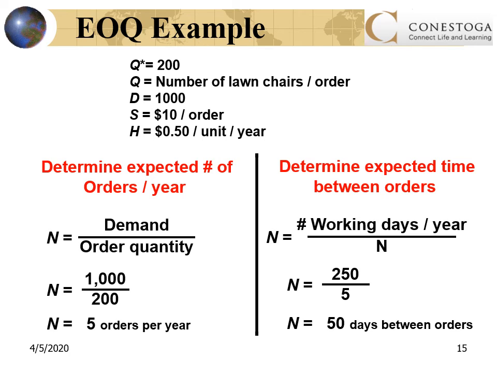Let's say 250 is the total working days in my company each year, and I place 5 orders per year. In that case the expected time between two orders is 50 days, which is 250 divided by 5.